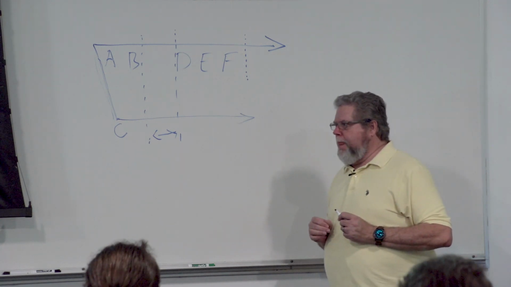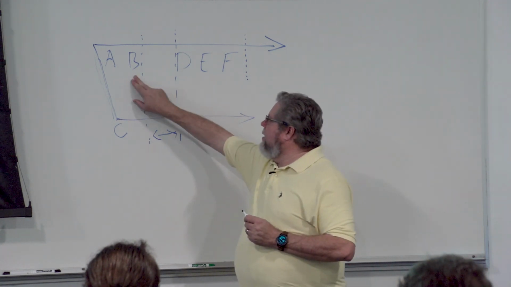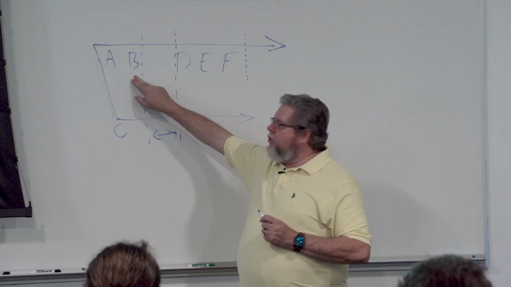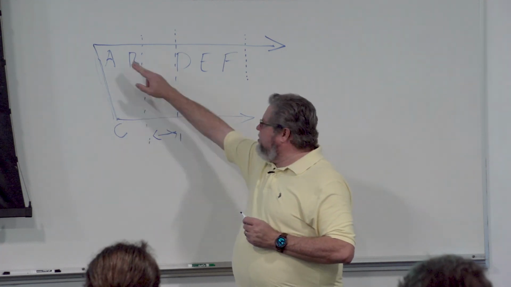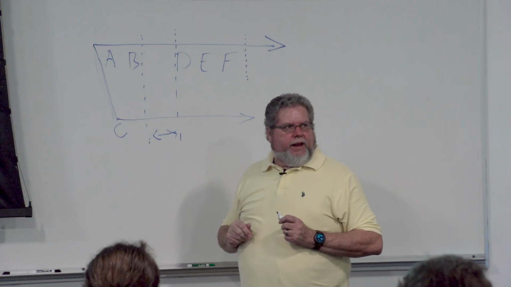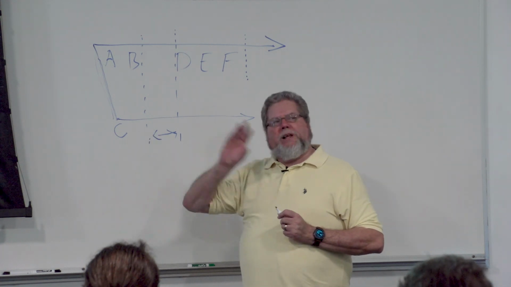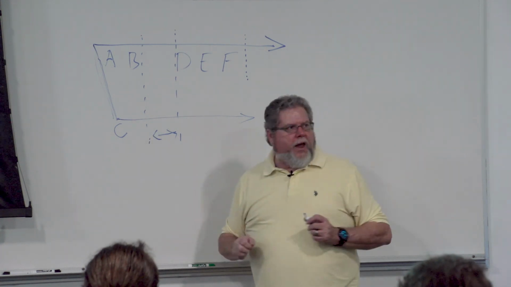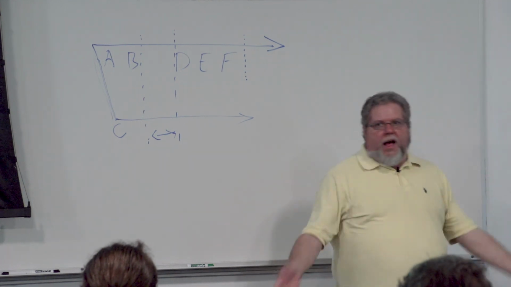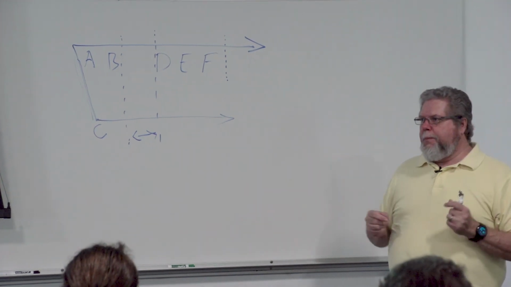Okay? So B doesn't need or share any resources with A. C doesn't share or need any resources with A. If these things are totally and completely independent, I can put them on separate threads and let them fly. Okay?